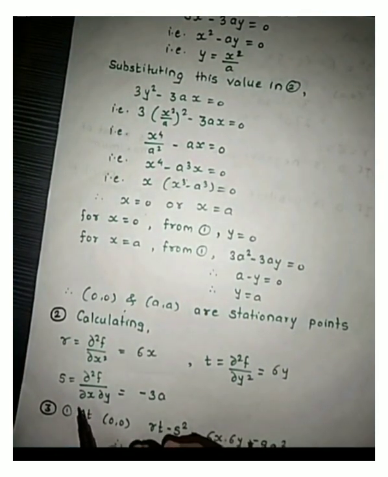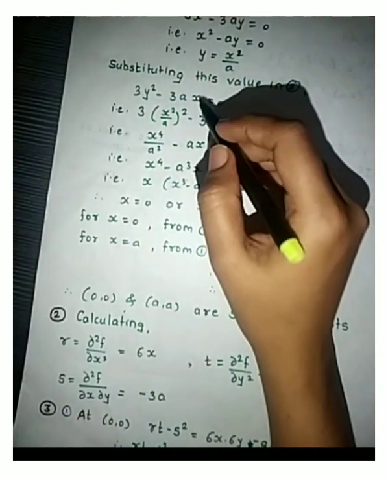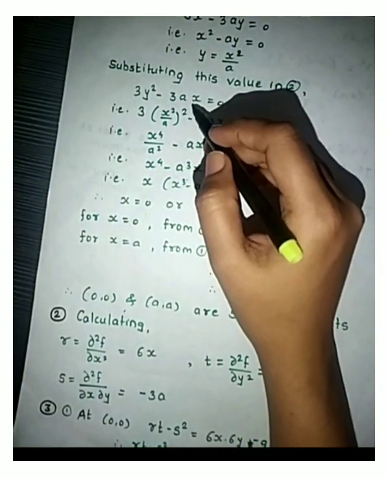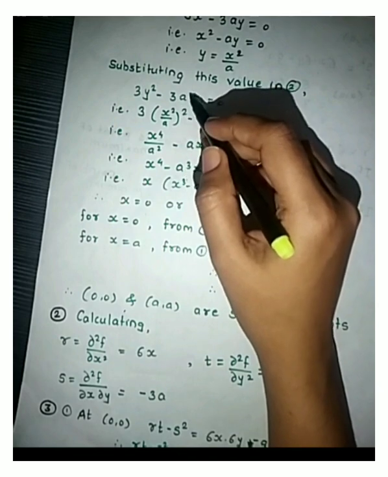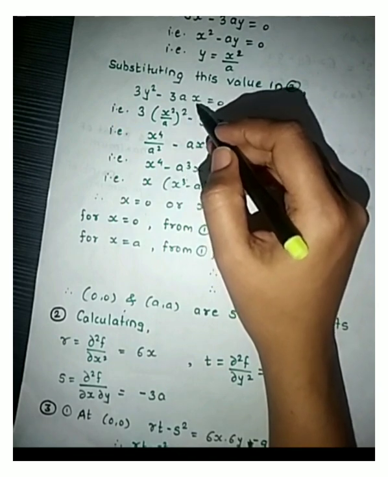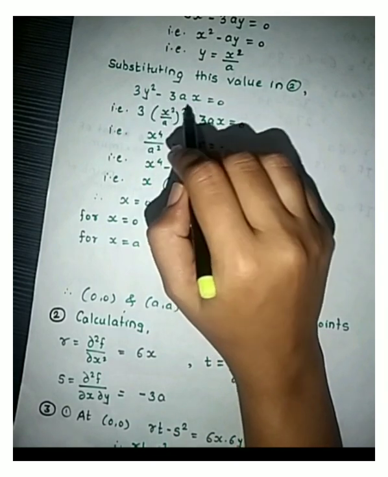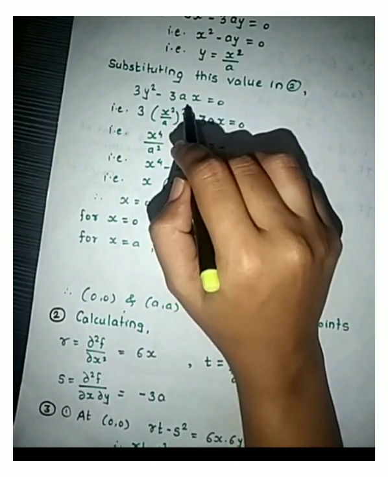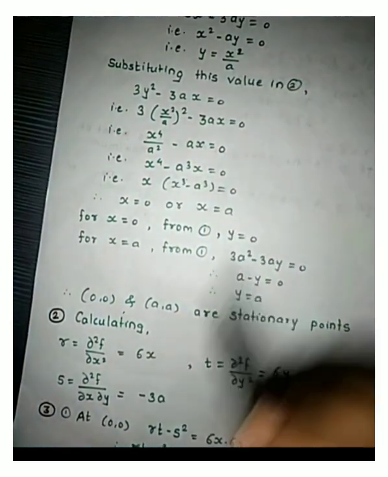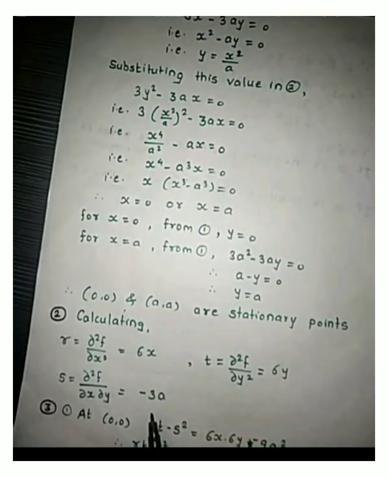Now to calculate s, we take ∂f/∂y and differentiate that function partially with respect to x. The partial derivative of 3y square with respect to x is 0, and the derivative of minus 3ax is minus 3a. Therefore, the value of s is minus 3a.